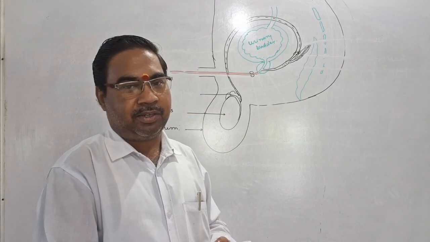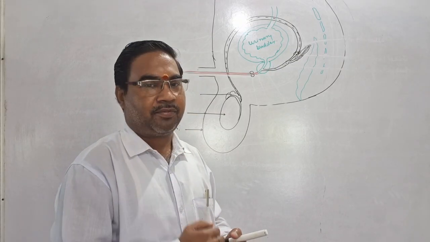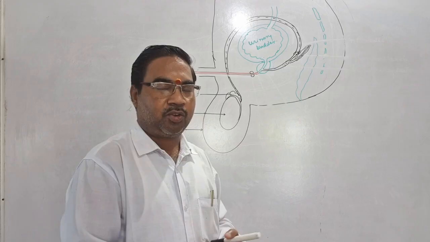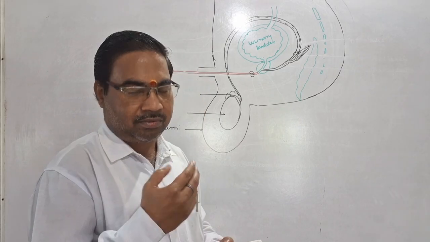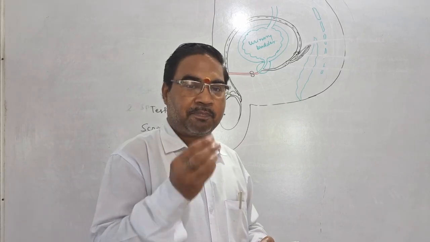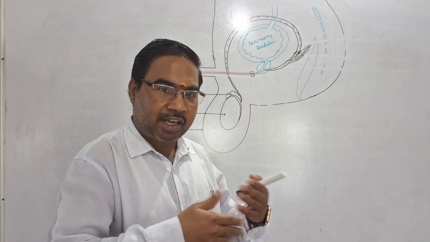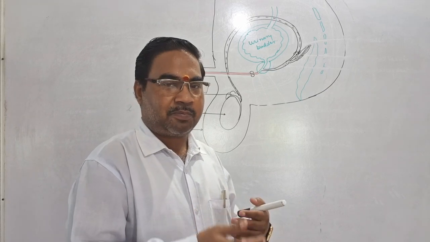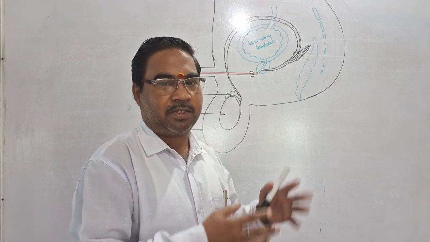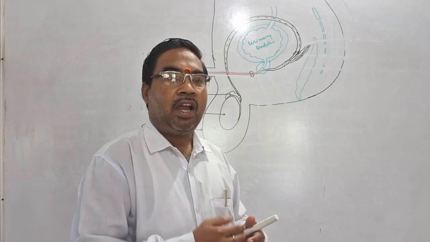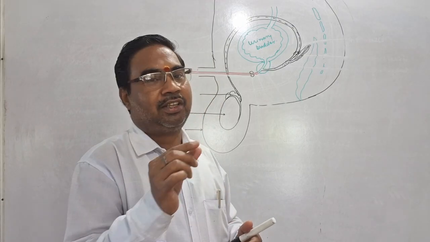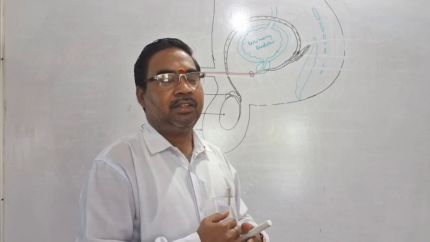Inside the seminiferous tubule, there are two types of cells. One is the Sertoli cells, and the other are sperm mother cells, which carry out the spermatogenesis process to form the sperm. Outside the seminiferous tubules, there are certain Leydig cells.